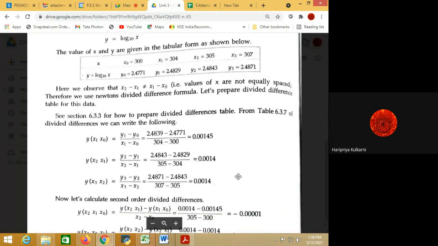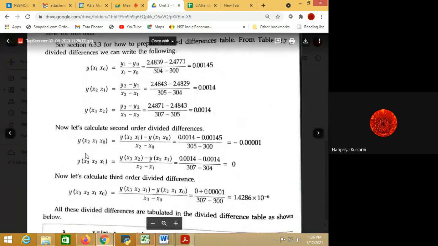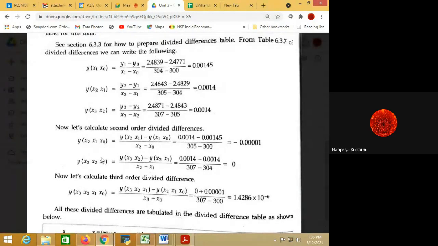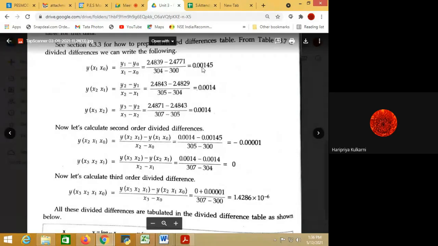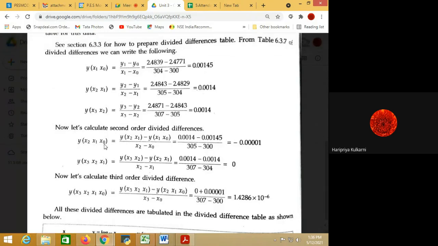So two steps are possible with three variables, y of x2 x1 x0 and y of x3 x2 x1. Okay, so see how to calculate this. So y of x2 x1 x0 is y of x2 x1 minus y of x1 x0, divided by x2 minus x0.